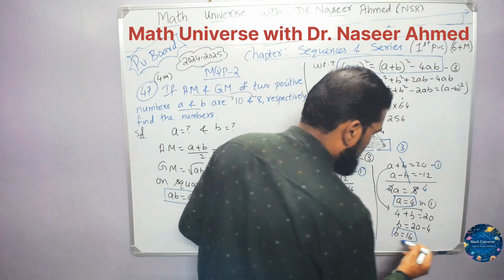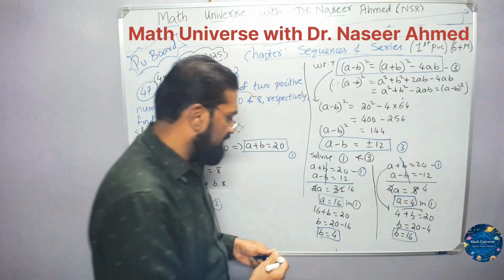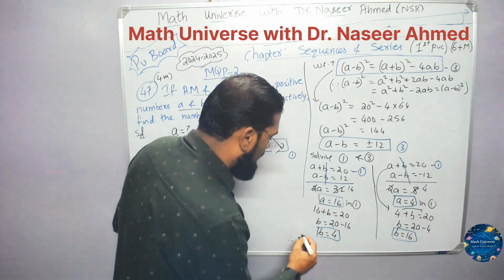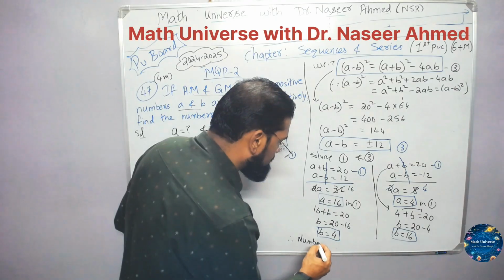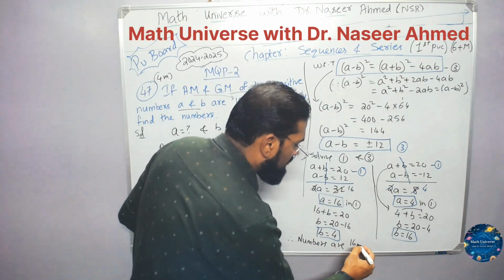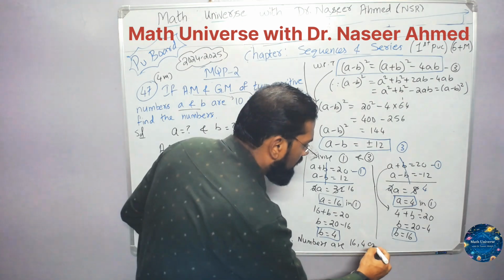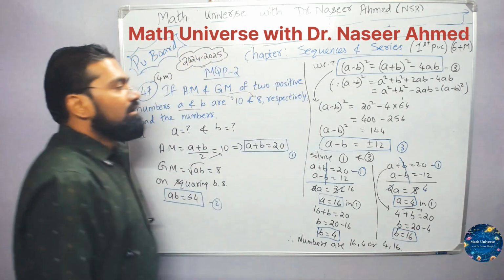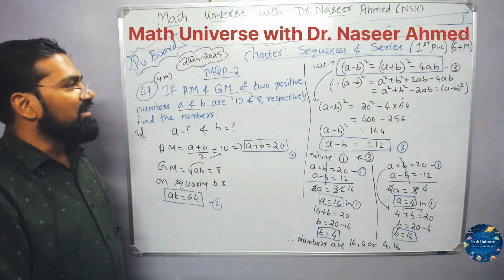Ultimately the numbers are the same, they just got exchanged. Therefore, the numbers are 16 and 4. I hope this is clear. Kindly make a note of this.